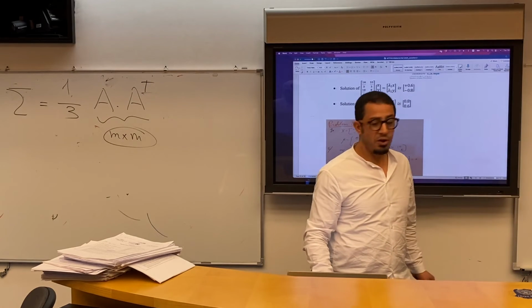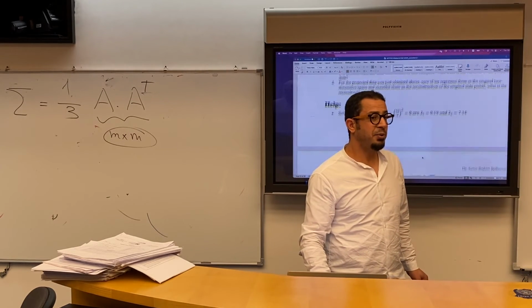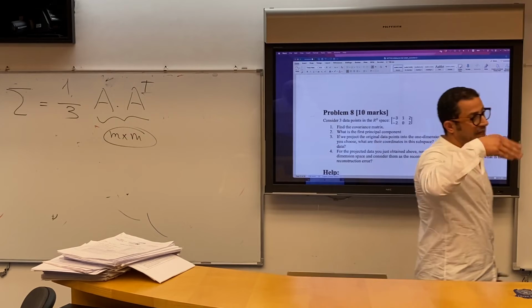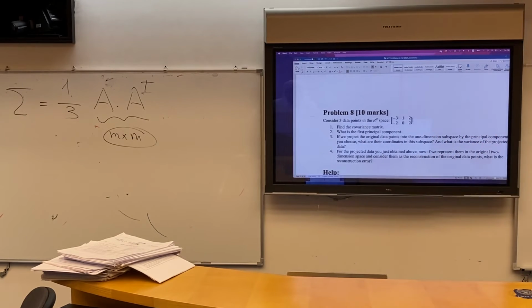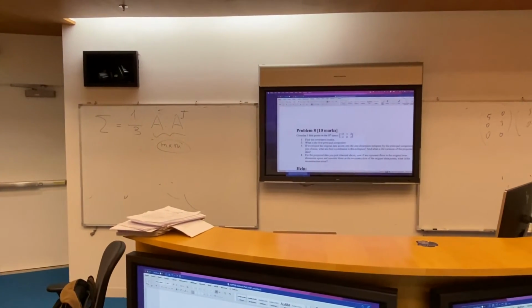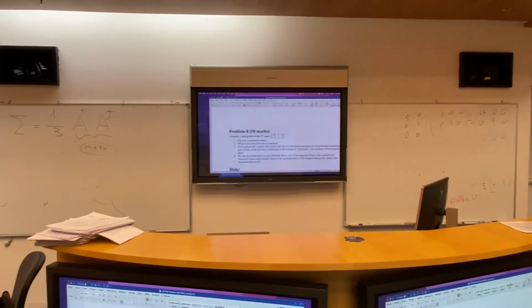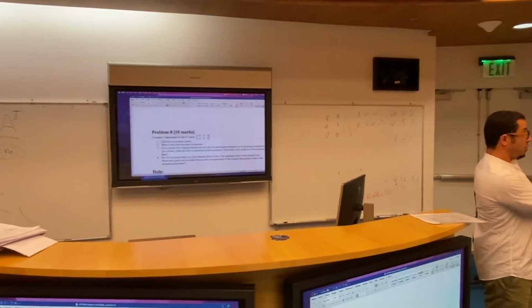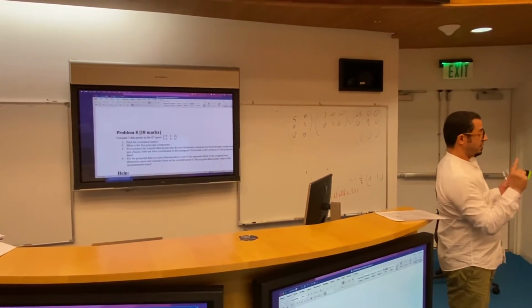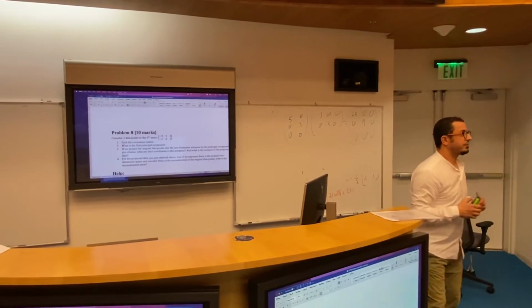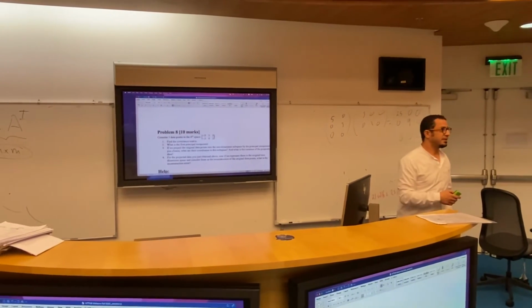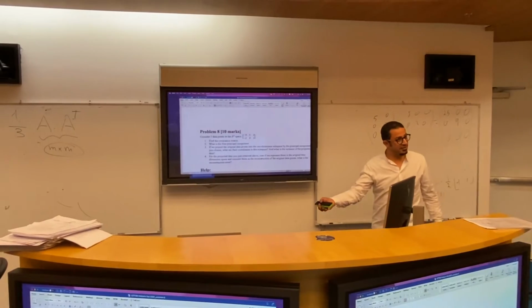You cannot say column or vector, because I can put the data like this or like this. So in this case, what are the features? We have feature 1 and feature 2. On feature 1, take the mean here. Feature 2, take the mean, over n, by feature.